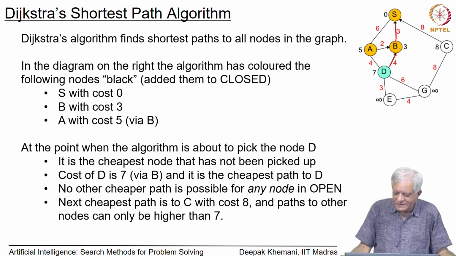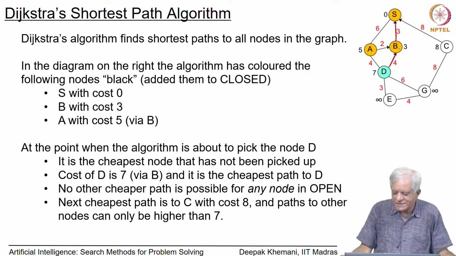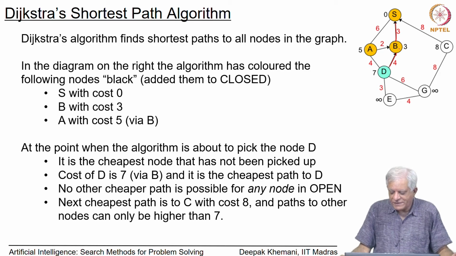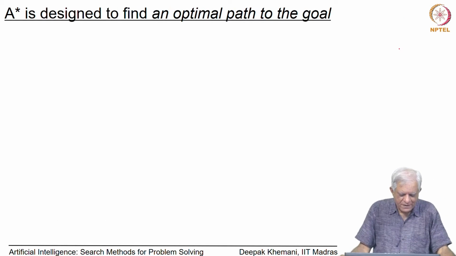So, at this point in Dijkstra's algorithm, the cheapest partial path is to node D with value 7, and when it picks it up, there are no other possible cheaper paths available to D, because if there were any cheaper paths, they would have shown up somewhere during search essentially.